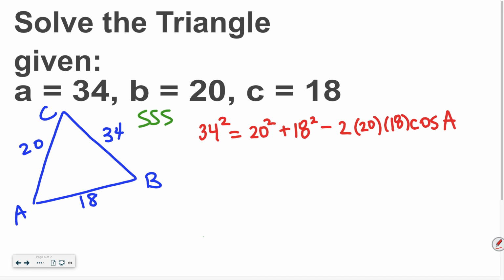There is some algebra that we really need to work through together. Do we have to memorize this? Yes. Which numbers can I subtract over? 20 squared and 18 squared. So please, in your calculator, take 34 squared minus 20 squared minus 18 squared.